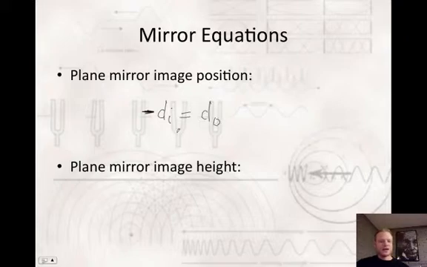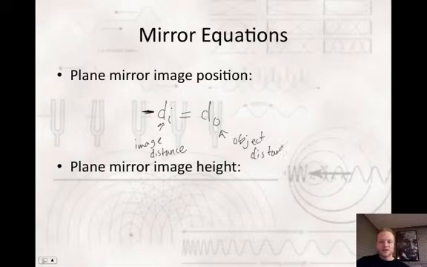Okay, real simple. And all this is basically saying is that the distance of the image, so the image being produced in the mirror, is equal to the distance of the object. Okay, so this stands for image distance, and this stands for object distance.